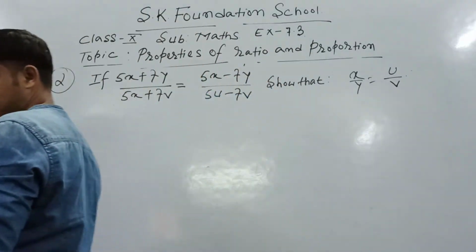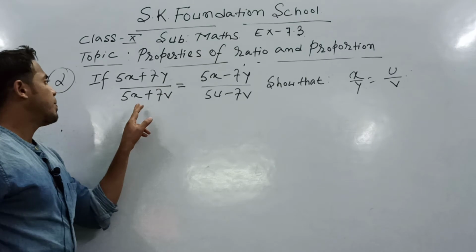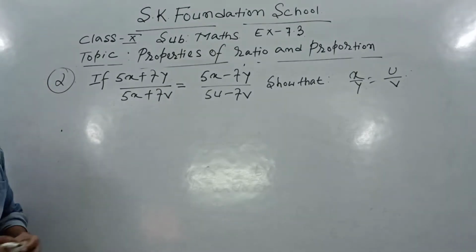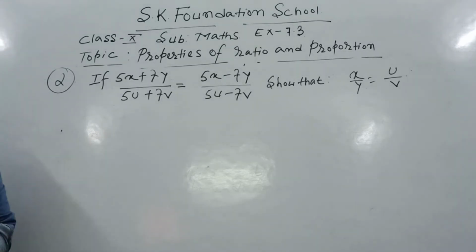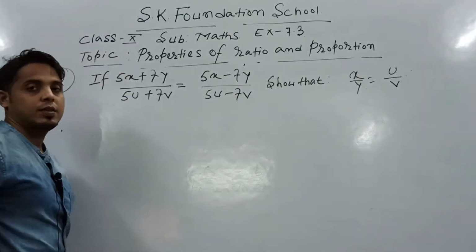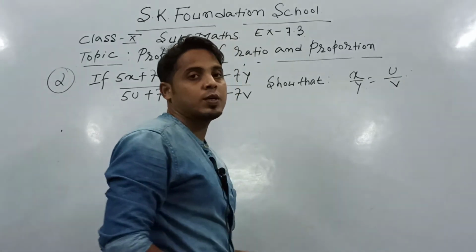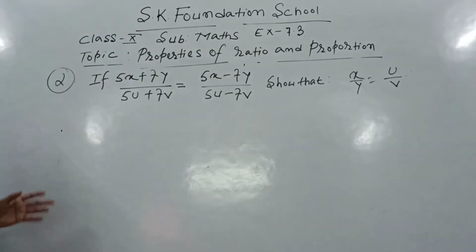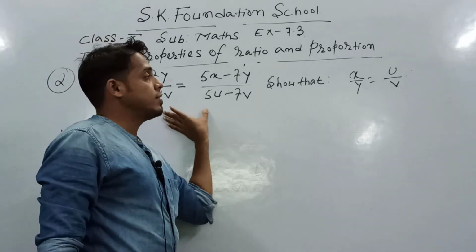Okay, so it is given 5x plus 7y by 5u plus 7v equals 5x minus 7y by 5u minus 7v. Show or prove that x by y equals u by v. This kind of expression is called expanded form, and this is reduced form.